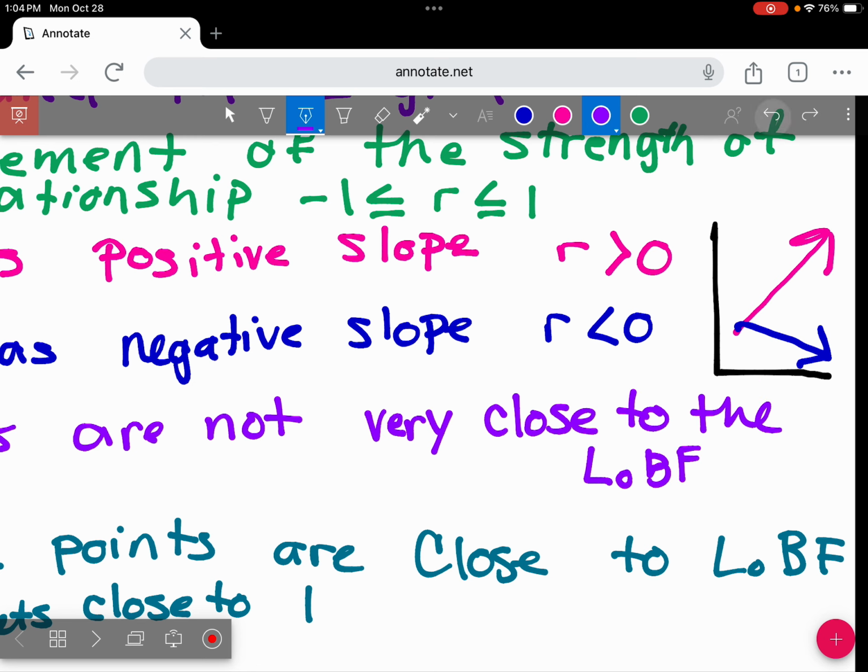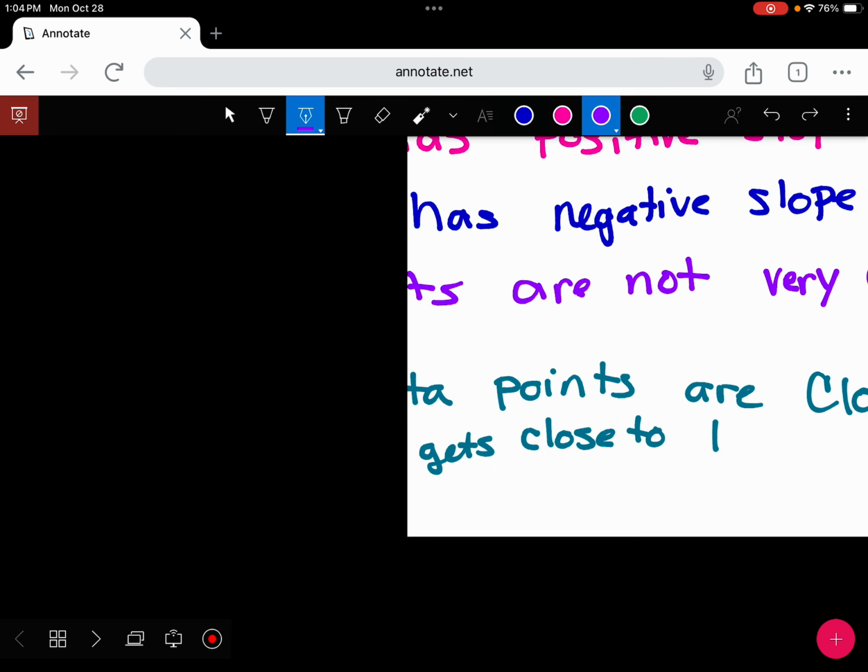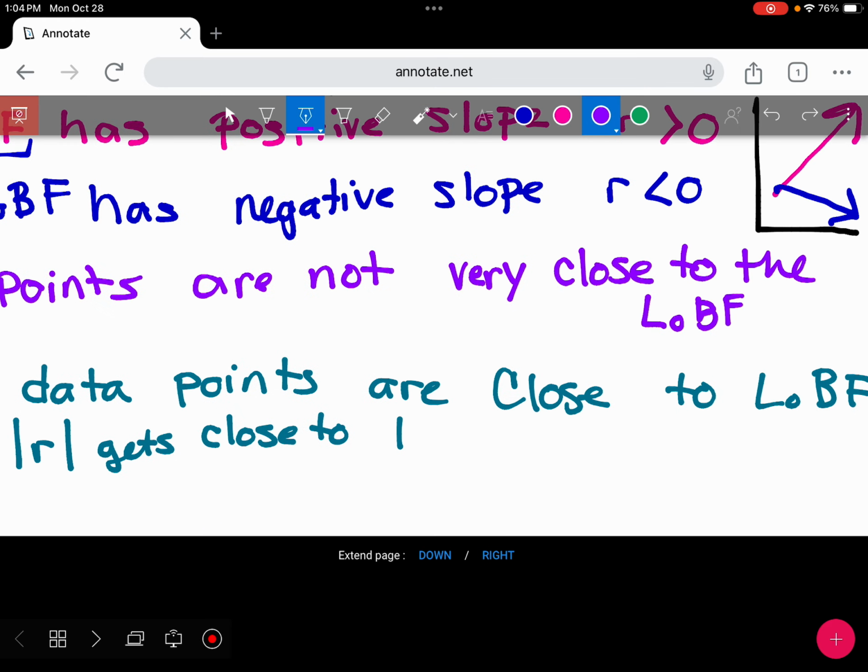So I'm going to do a couple of weak associations at the bottom, just like I did for my strong. So if I have a weak association, which I'm going to do in purple, this is a fairly weak association.